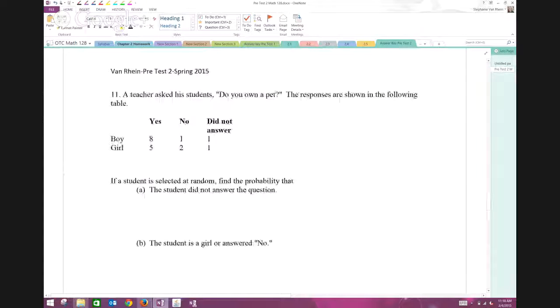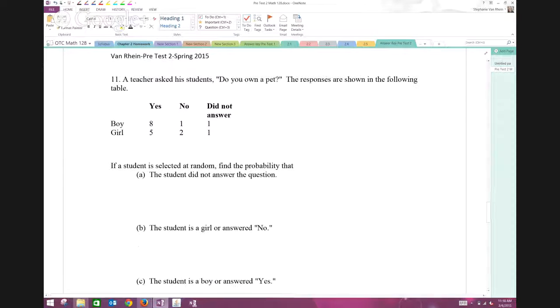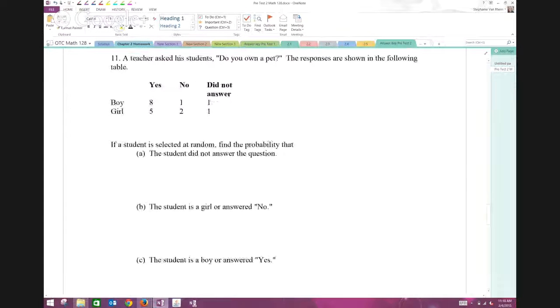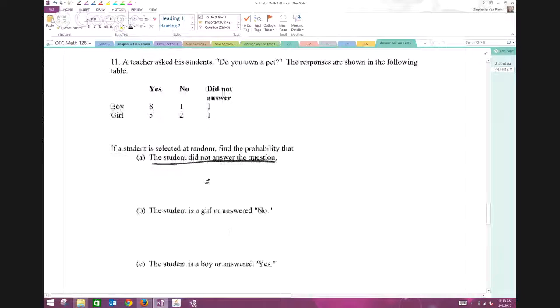Number 11 here is asking, given this table, find the probability of each of the following. The student did not answer the question. Well, 2 students didn't answer the question. So here we have the total, how many students we have.